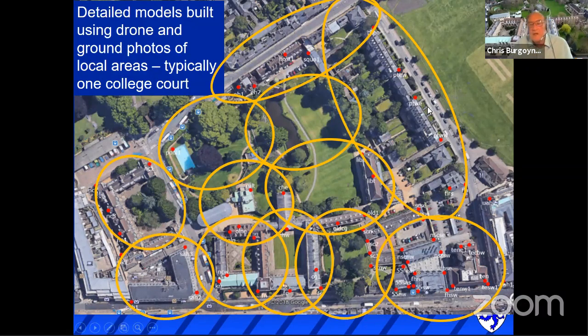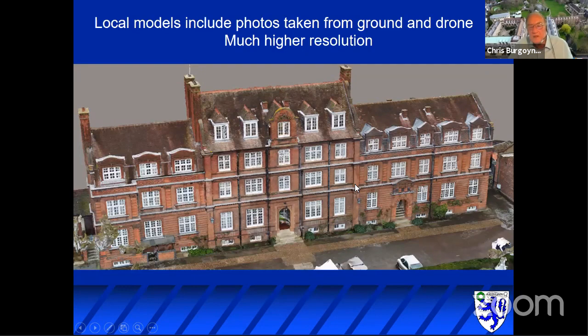So rather than do a model of the whole college, what I've been doing recently is to do models of individual courtyards. And these models are more detailed. They combine the drone photographs with photographs taken locally in that area. And this allows much more accurate models to be made.